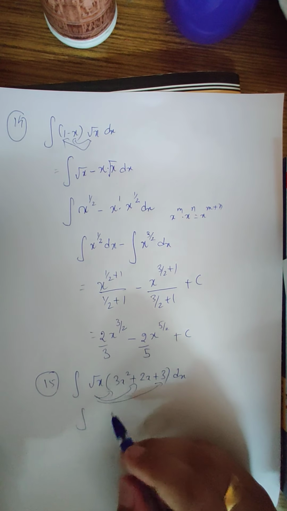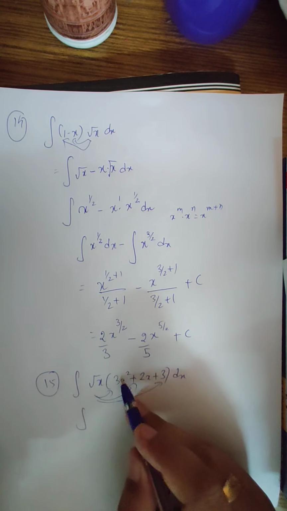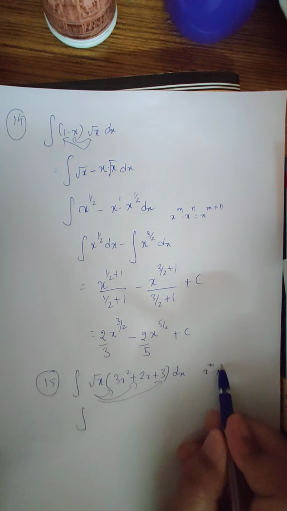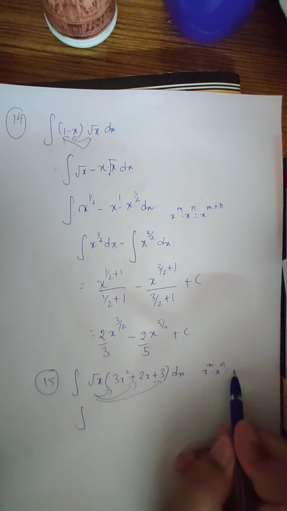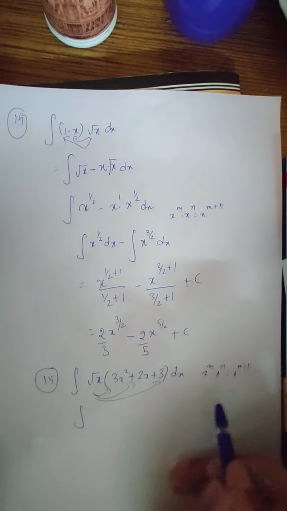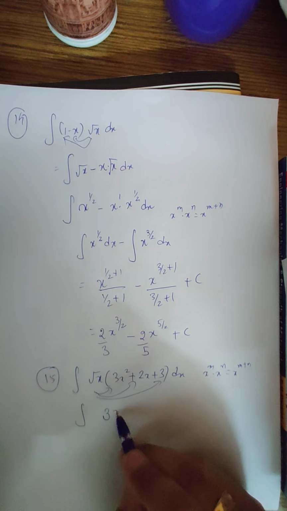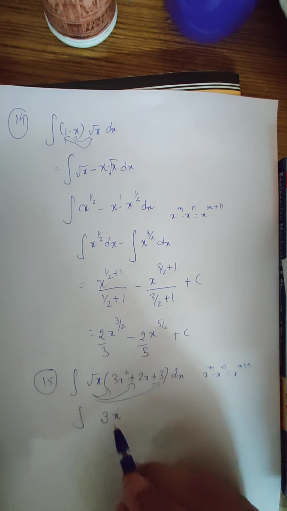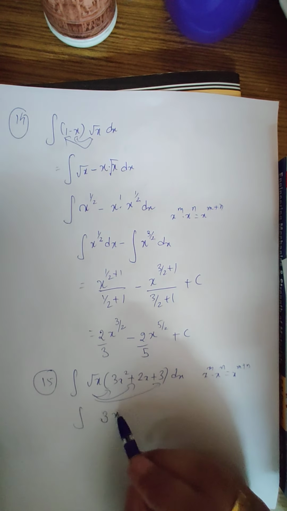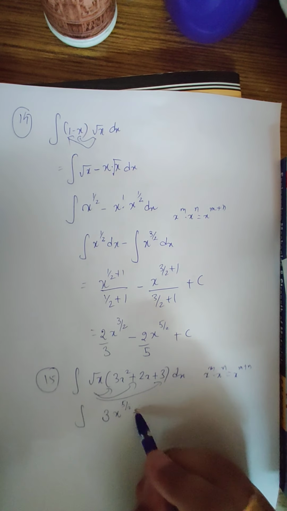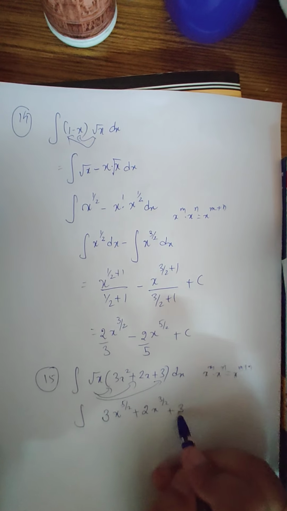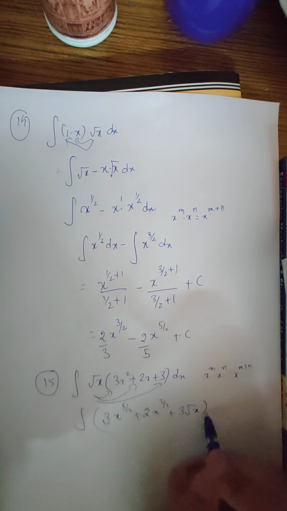So root x into 3 into x square will be x power 2 plus x power half, since x power m into x power n is x power m plus n, as in the previous one. So this will be 3 x to the power of 2 plus half, which is 5 by 2, plus 2 x to the power of 1 plus half, which is 3 by 2, plus 3 root x, dx.